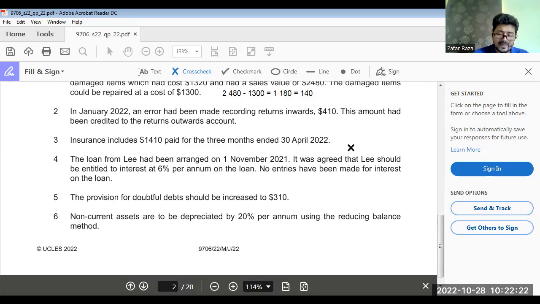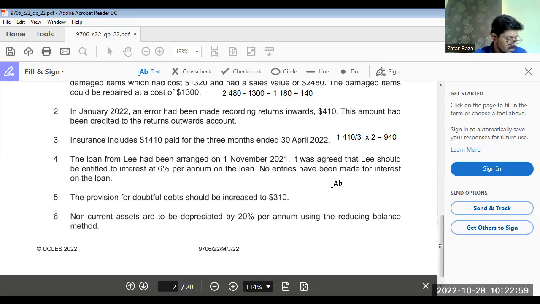Two months is 940. We are ending on 28th February, so for the months of March and April, this insurance is prepaid by 940. So we will write here 1,410 divided by 3 multiplied by 2, so the answer would be 940. That is going to be deducted from insurance.